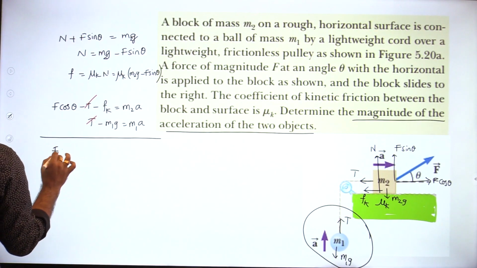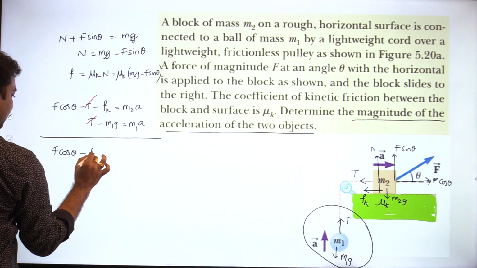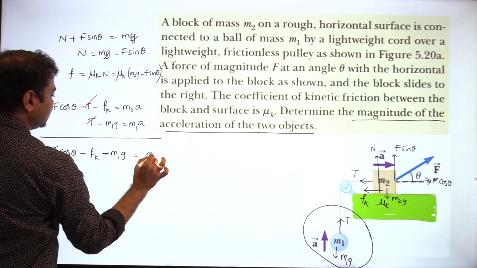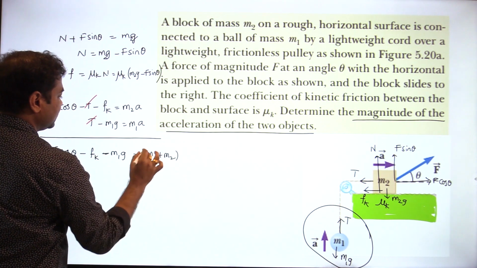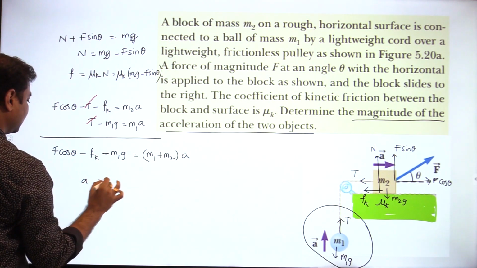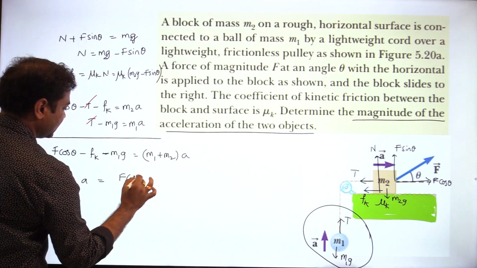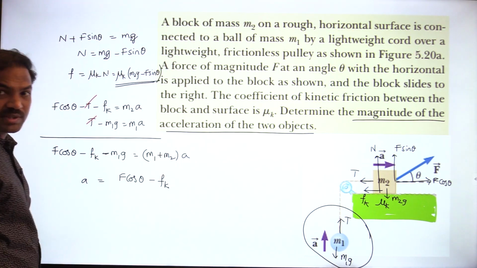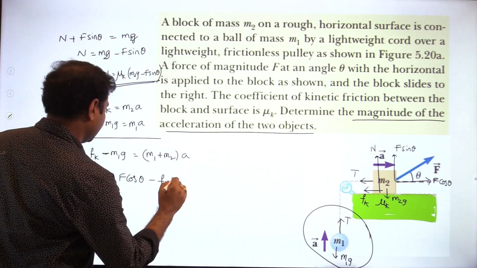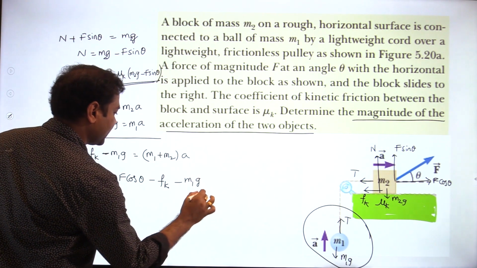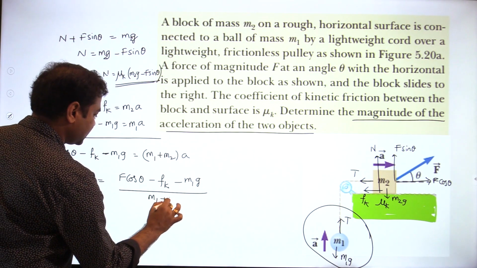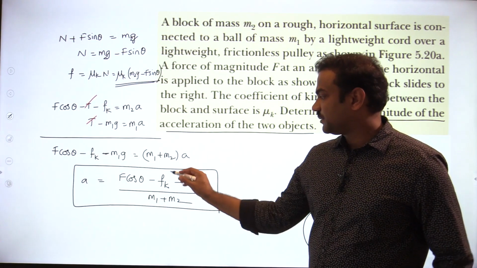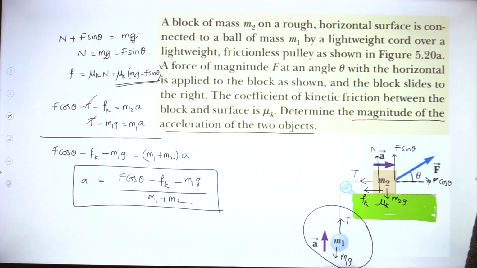Then F cos theta minus Fk minus m1g is equal to (m1 plus m2) into a. So what is the acceleration value? F cos theta minus Fk, where Fk is mu k into (m2g minus F sin theta), minus m1g, divided by (m1 plus m2). That is the acceleration. So we can replace this Fk with this term also.